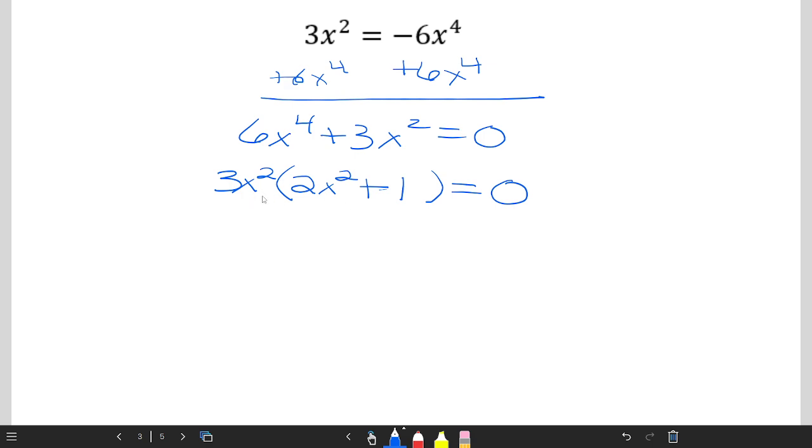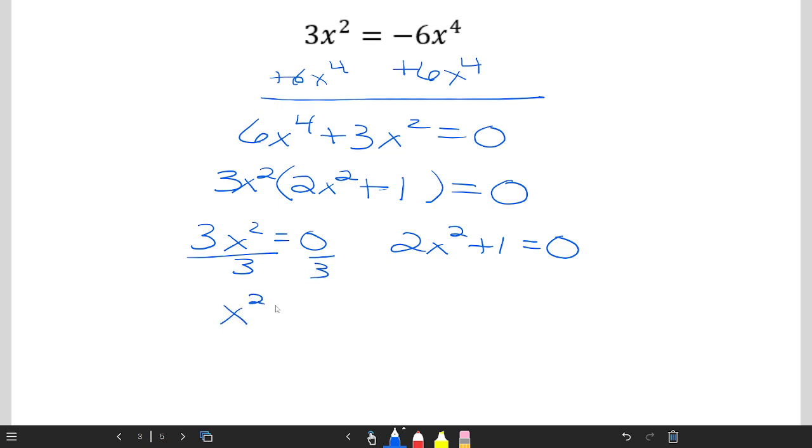And so now that this has been factored and it equals 0, we can set each factor equal to 0. All right, so if we divide both sides by 3 here, we have x squared equals 0. So the only solution there is going to be 0.